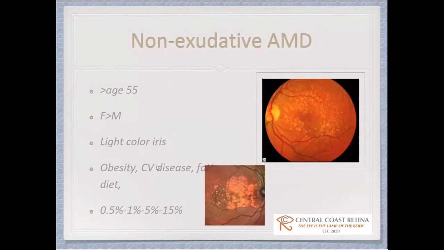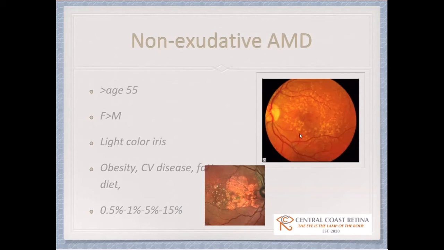It is a vascular disease, so patients with cardiovascular history are more prone to it. Also, fatty diet and obesity have been related to it. It is more prevalent as the population ages, so 15% of patients over 80 would have some form of macular degeneration.